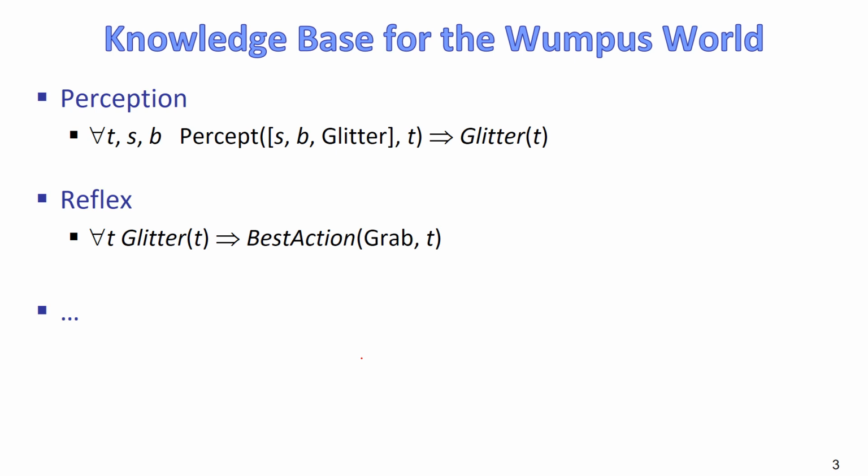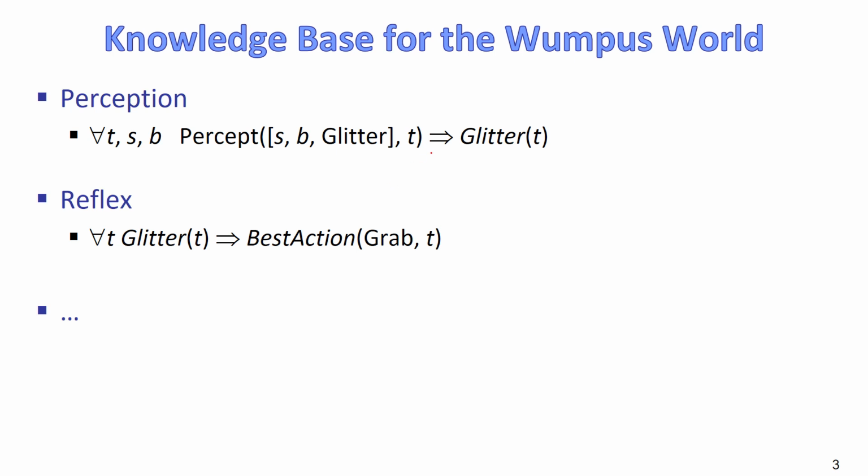Now, the Wumpus world: we want to represent what we know about it. The first thing to do is to represent the perceived signals. Every time step, the agent perceives some signals from the environment, from the Wumpus world.